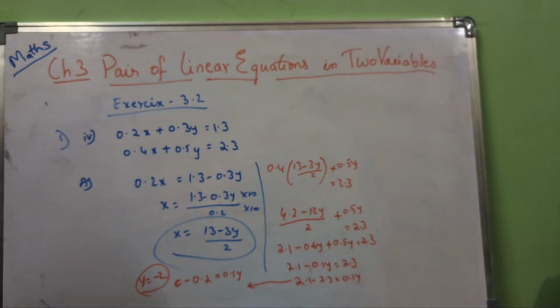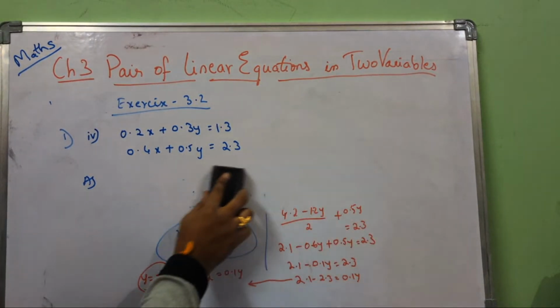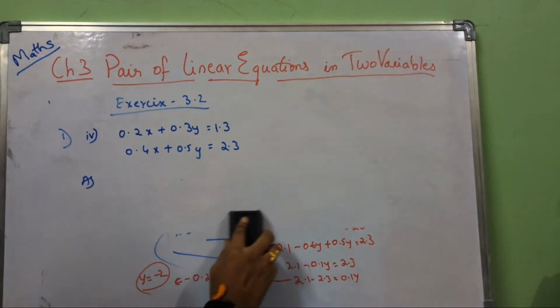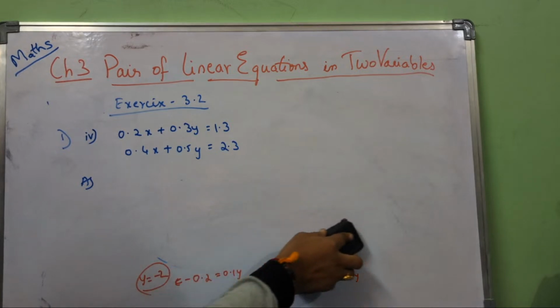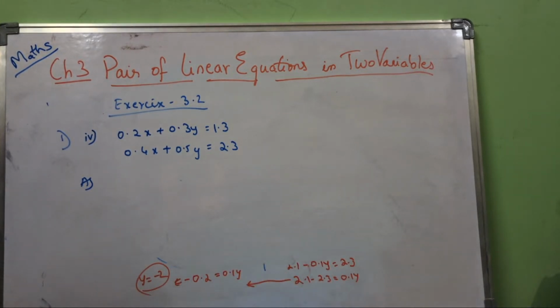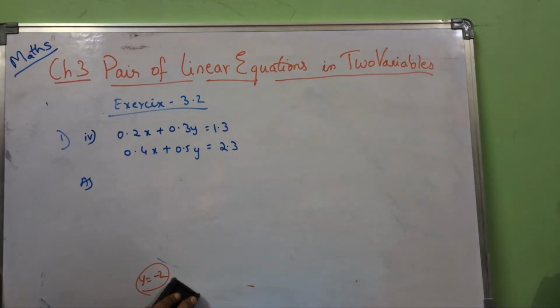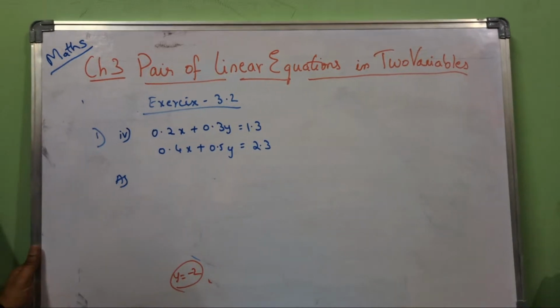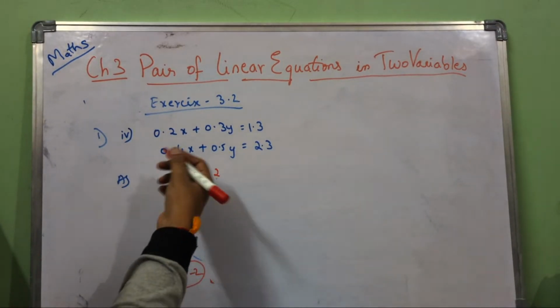I'm just erasing the board. You can pause the video if you haven't written it till now. Cross check. So now I got the y value as minus 2. From there I am solving this question. Let's substitute in the first equation, because every time I go for the smaller numbers.